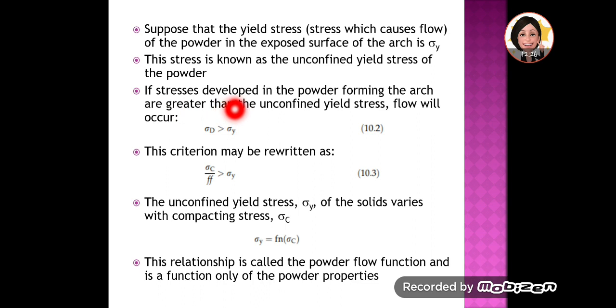So if the stresses developed in the powder forming the arch are greater than the unconfined yield stress, flow will occur.